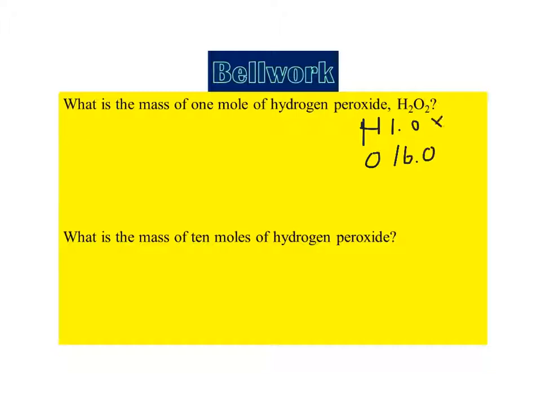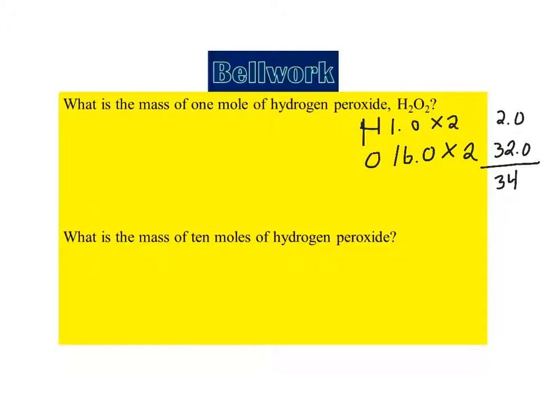There are 2 hydrogens and there are 2 oxygens. So I have 2.0 grams for hydrogen, and I have 32.0 grams for oxygen. So when I add it up, my molar mass is 34.